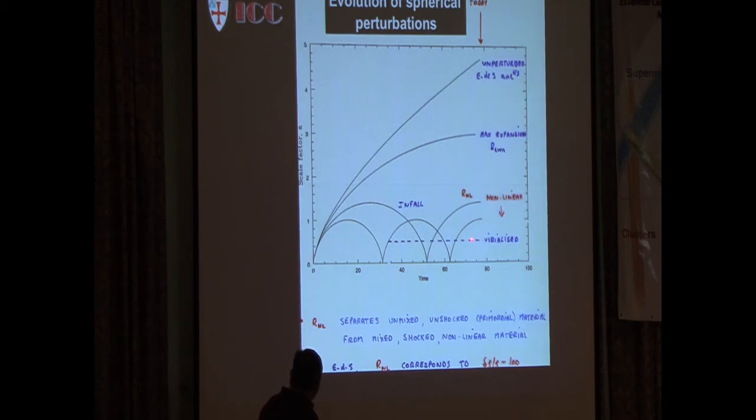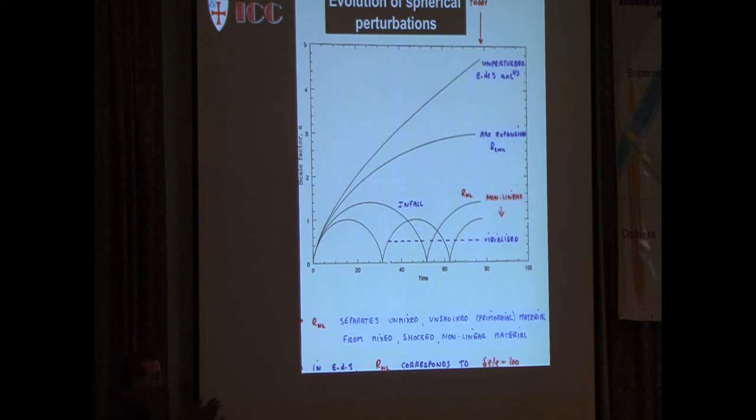So when the object virializes, its radius is just half of the radius of maximum expansion, and the object, just by symmetry, in fact collapses at a time which is twice the time it took to get to maximum size. So that's what would happen, say, for a galactic halo if it was perfectly spherical.